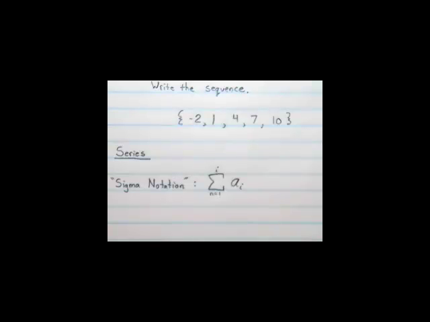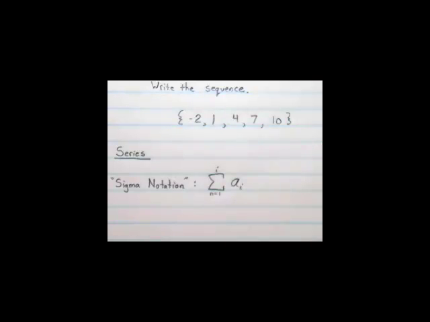So maybe I want to start with the 5th term and then only add up until I get to the 13th term or something. So this is where you start. N equals 1 is usually what you're going to see because you're going to start on the first one. Up here on the top, this is where you're going to stop. So I'm going to go from this number to this number up here, and then this is going to be the formula that you were using to make your pattern.